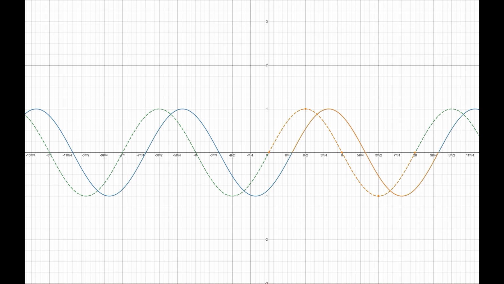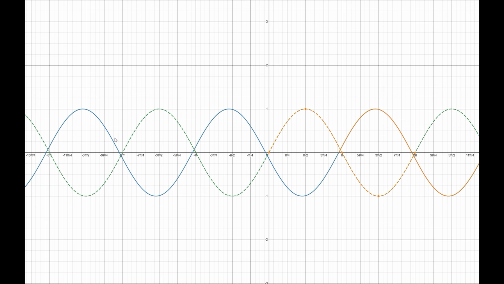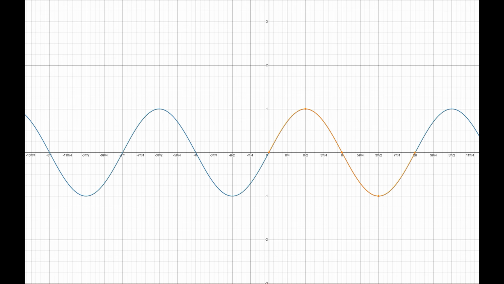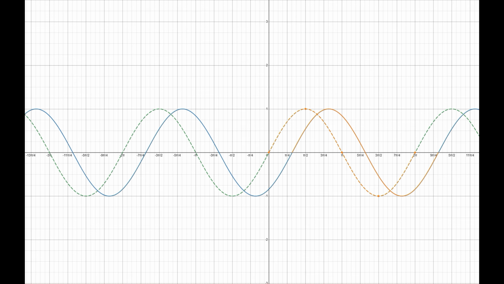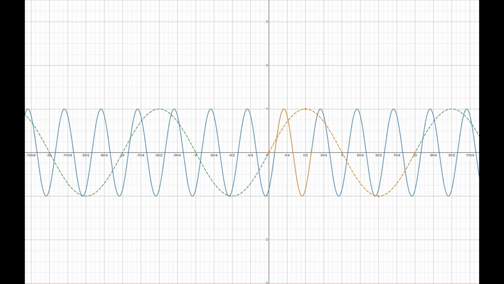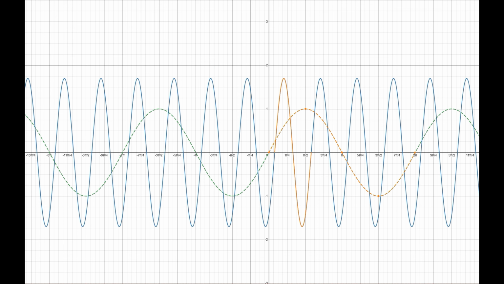So this would be, for example, 90 degrees, and this would, for example, be 180 degrees. Okay, so there are three different ways that the sine wave can be changed. As we said, phase shift, we can change the frequency, or the sine wave could have a different amplitude.